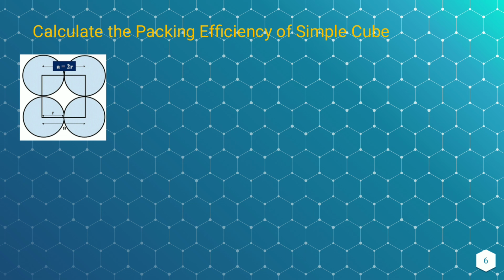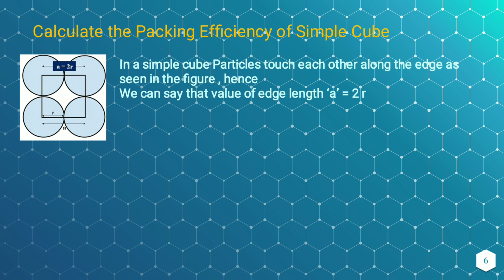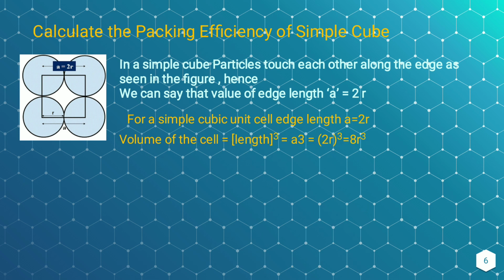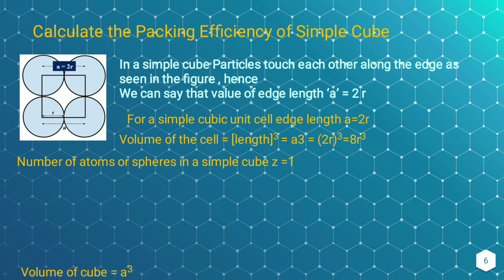So as the particles touch each other along the edge, the value of edge length a is equal to 2r. So for a simple cube, a is equal to 2r. We know that the volume of the cube or unit cell is a cube, and that happens to be 8r cube. Number of particles in the simple cube, Z is equal to 1.